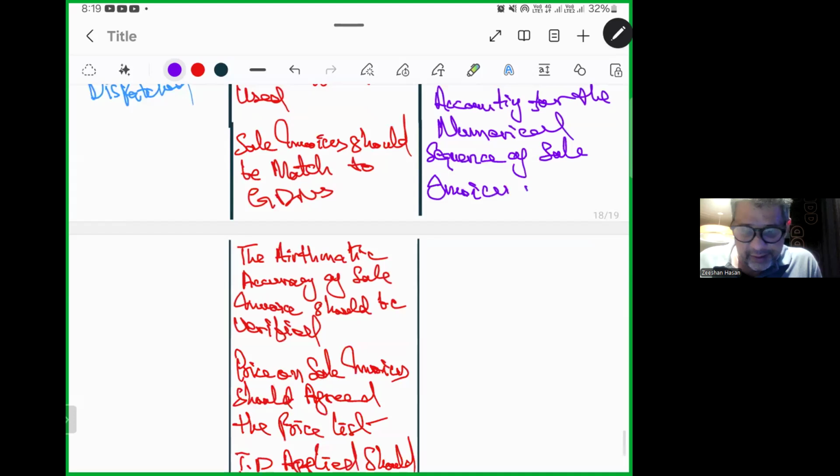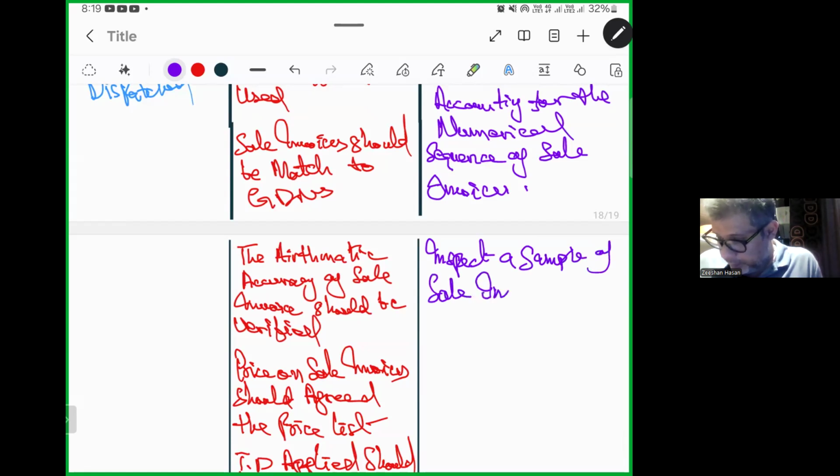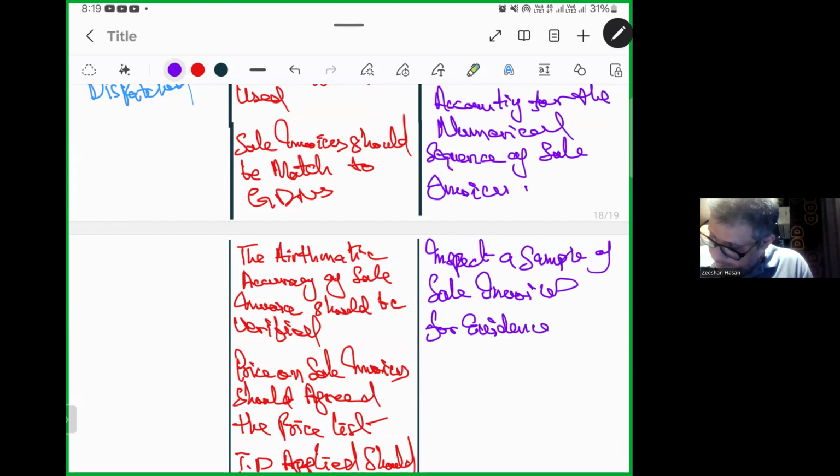Inspect a sample of sales invoices for evidence of authorization, orders and GDNs.